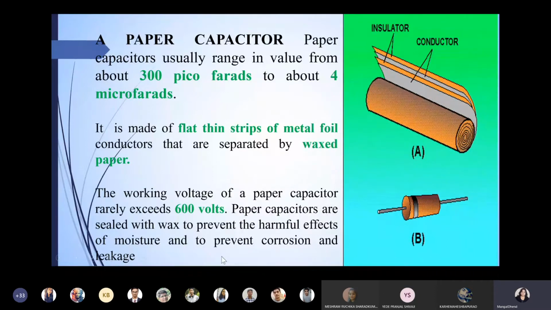Whenever you use a capacitor, it stores charge and gets heated up, and due to high temperature your paper may get contaminated with that aluminum foil or metal foils or whatever material is used for the conductor, and then it will reduce the resistance, and the dielectric properties will get degraded. So to avoid leakage current and to prevent corrosion, papers are waxed.